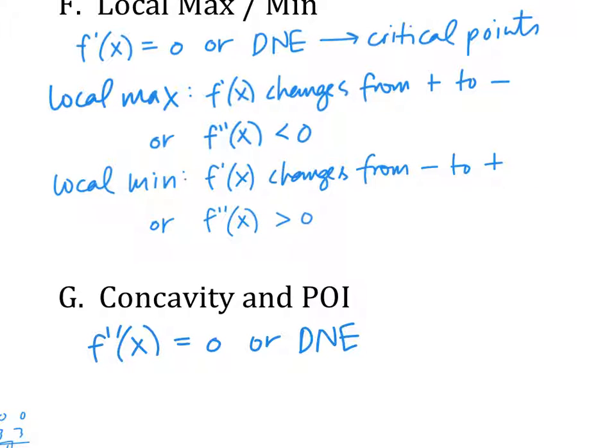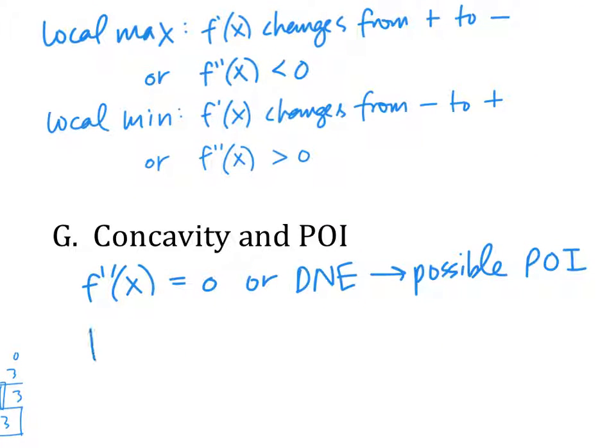Is it just if it's 0 or undefined? The sign has to change. So these are possible points of inflection. They are not the point of inflection because by definition, a point of inflection is when f double prime sign changes.